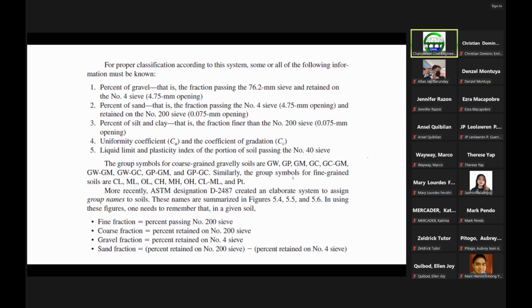Then for the group symbols for the fine grain soils, we have this one here. Again, C means clay, M means silt, L means low plasticity, and H means high plasticity. Then PT means peat or muck, highly organic soils.